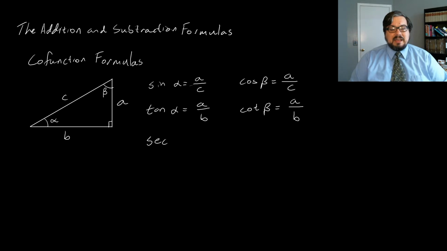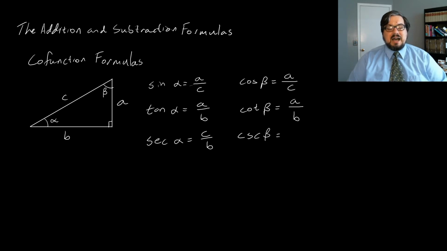And then finally, we have secant of alpha. That's hypotenuse over adjacent because it's the inverse of cosine. And then cosecant of beta is going to be hypotenuse over opposite because it's the reciprocal of sine.